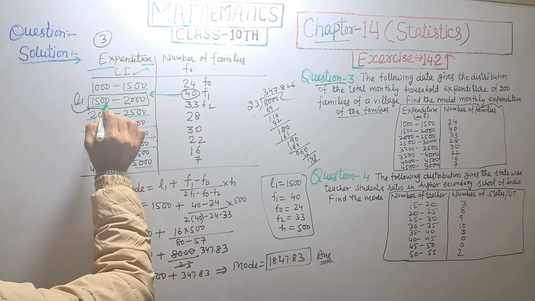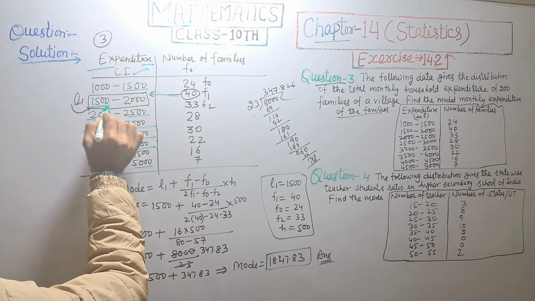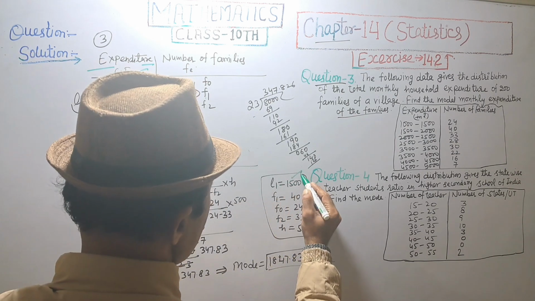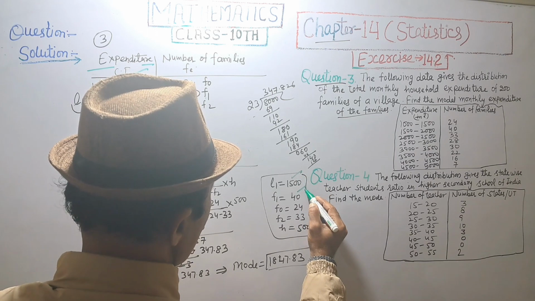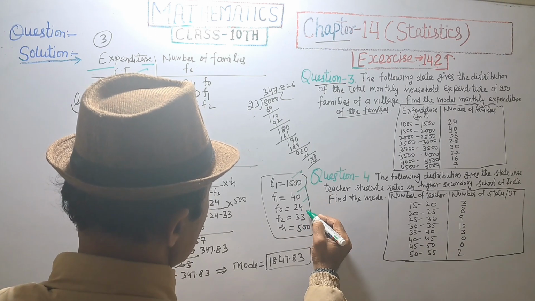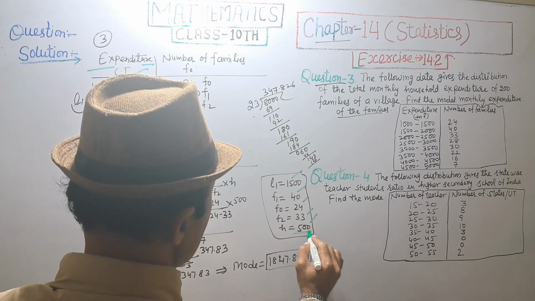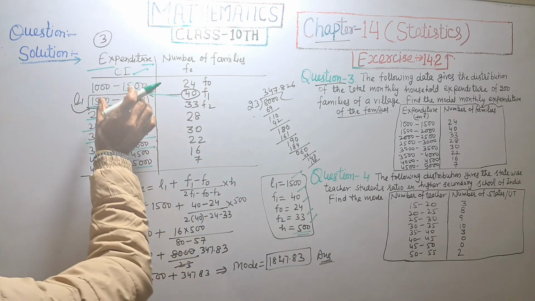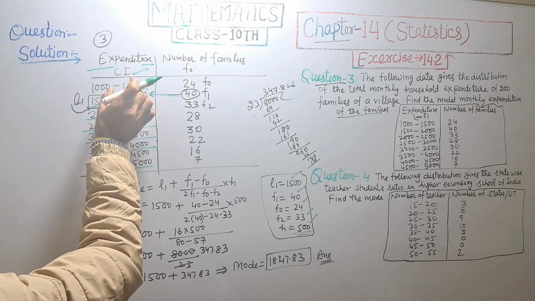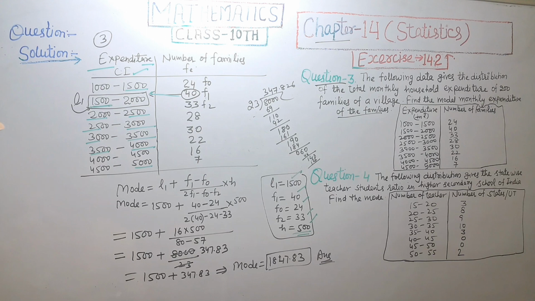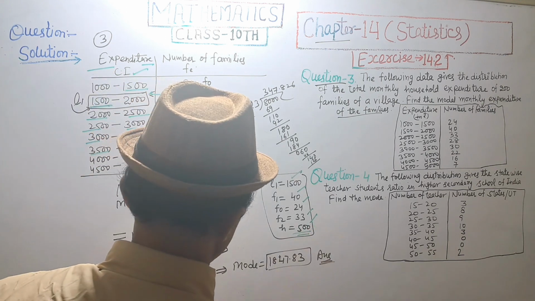And in class interval, L1 is equal to 1500, and F1 is 40, F0 is 24, F2 is 33, and H, that is the common difference between class intervals, 1500 minus 1000, that is equal to 500.